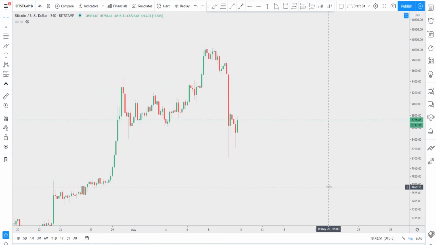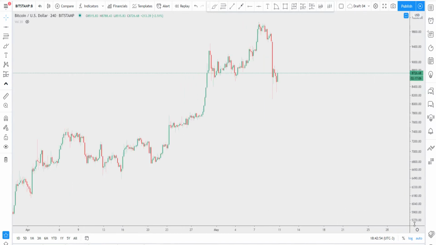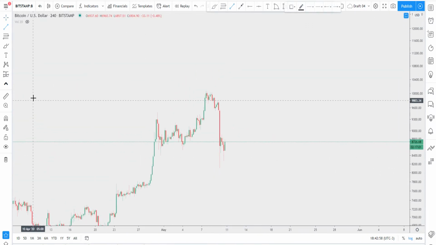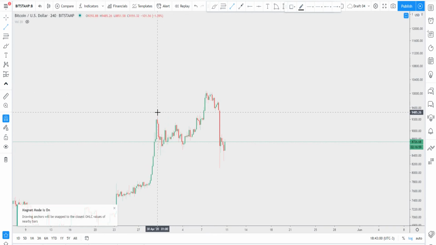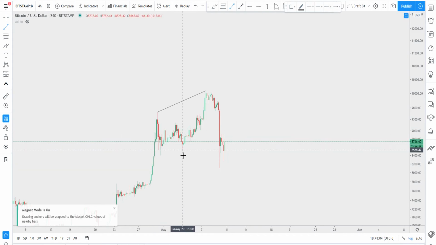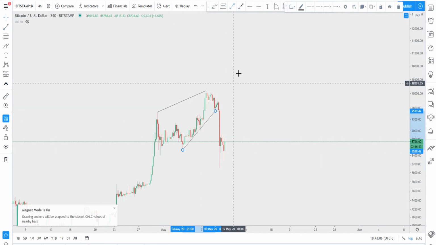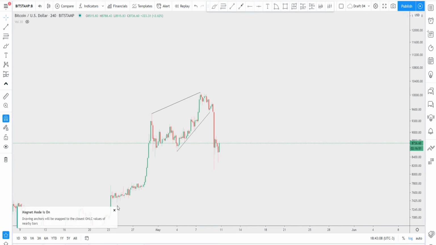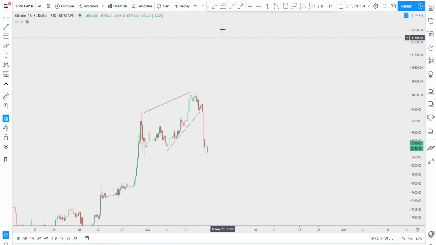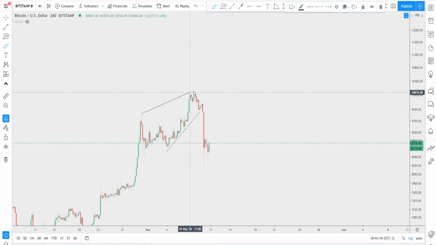Let me show you what we had and what we were waiting for. As you guys can see, we were developing this rising wedge, 100% bearish, and we were waiting for the conclusion of this move.